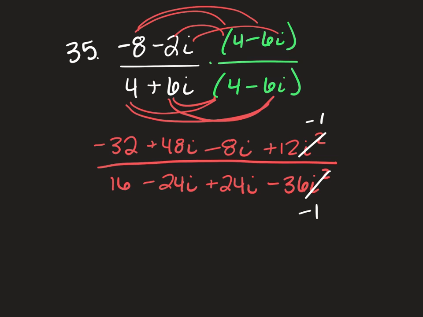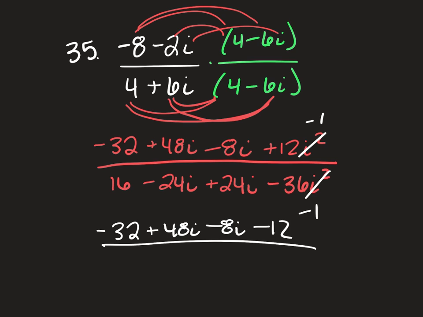So that means you're doing 12 times negative 1, so that all becomes a negative 12. So you have negative 32 plus 48i minus 8i minus 12 over 16, and then that's going to become a plus 36.